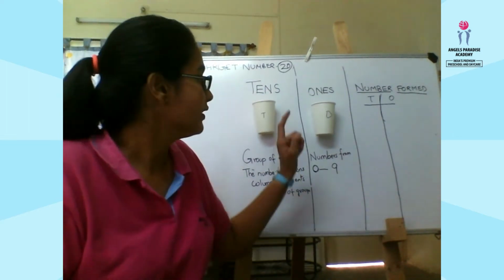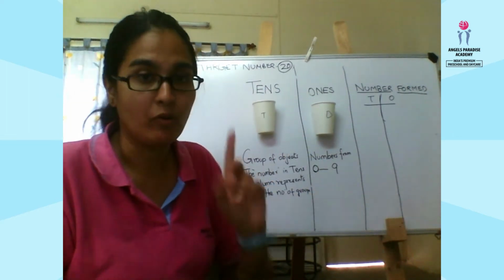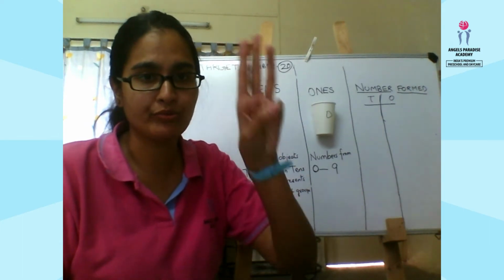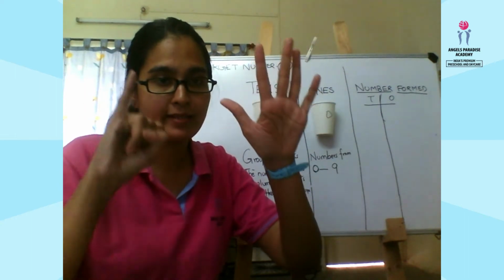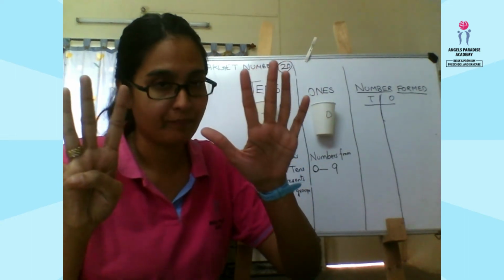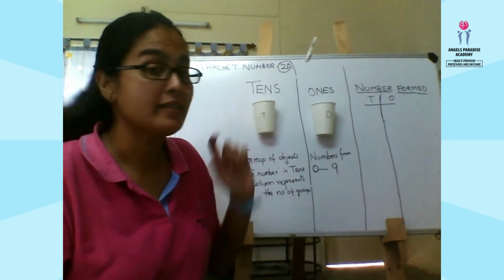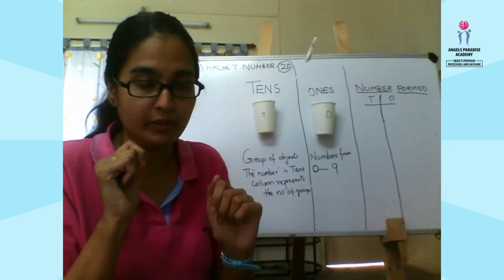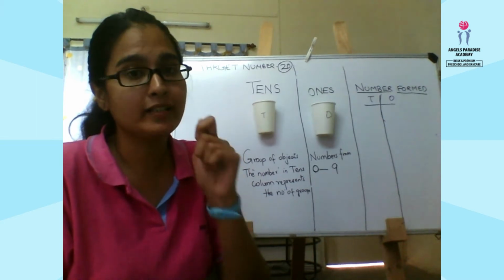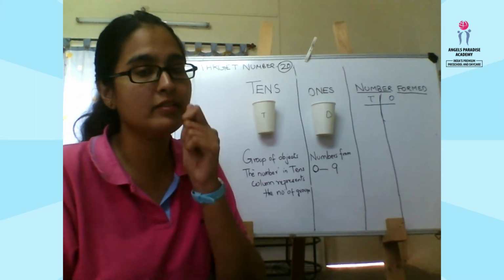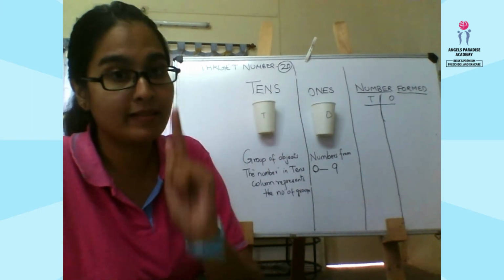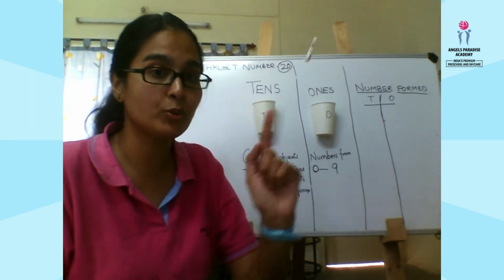And next, the numbers from 0 to 9, all the single digit numbers: 0, 1, 2, 3, 4, 5, 6, 7, 8 and 9. These are called single digit numbers because you write only one digit. The numbers in the ones column represent the single digit numbers, from 0 to 9.